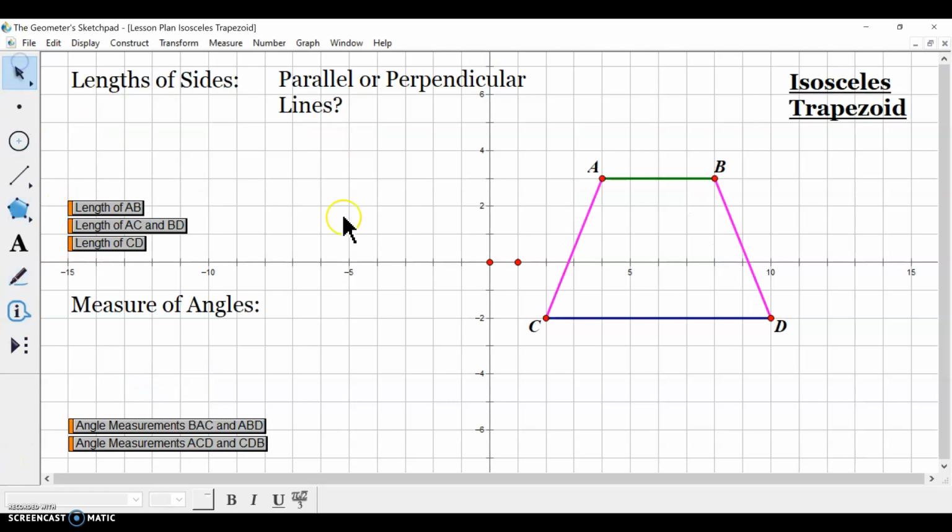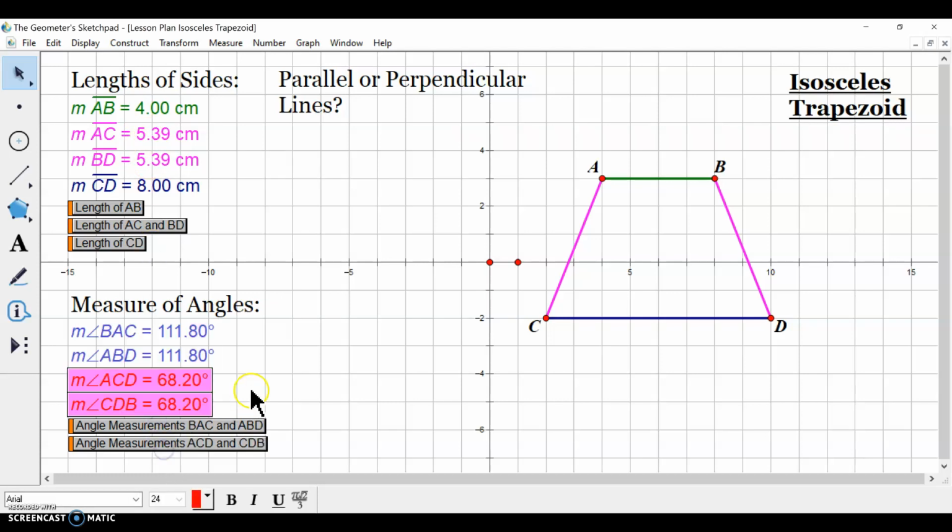Next, we're going to be taking a look at an isosceles trapezoid, which is a special kind of trapezoid. When we find the lengths of all of the sides, we can see that the sides in this bright pink here, side AC and BD, both have the same length.